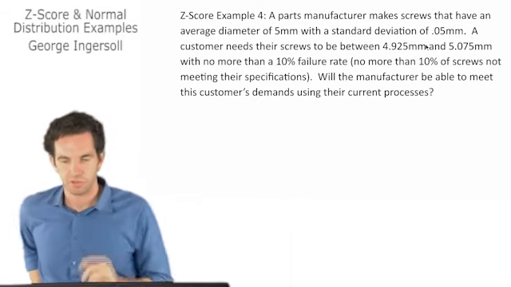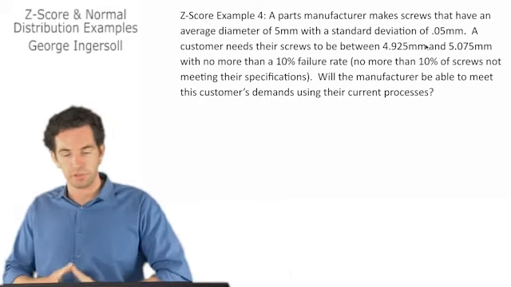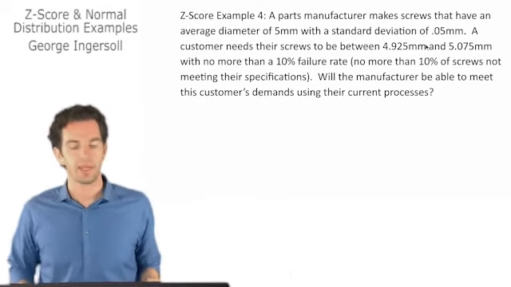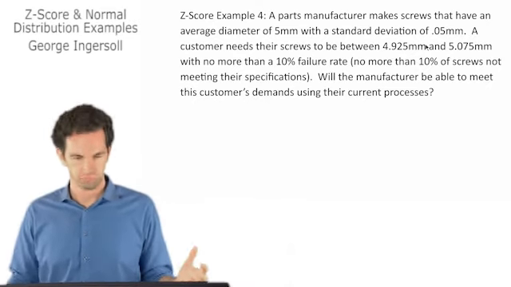No more than 10% of screws that they receive not meeting their specifications. Will the manufacturer of screws be able to meet this customer's demands without making any adjustments to their current processes?